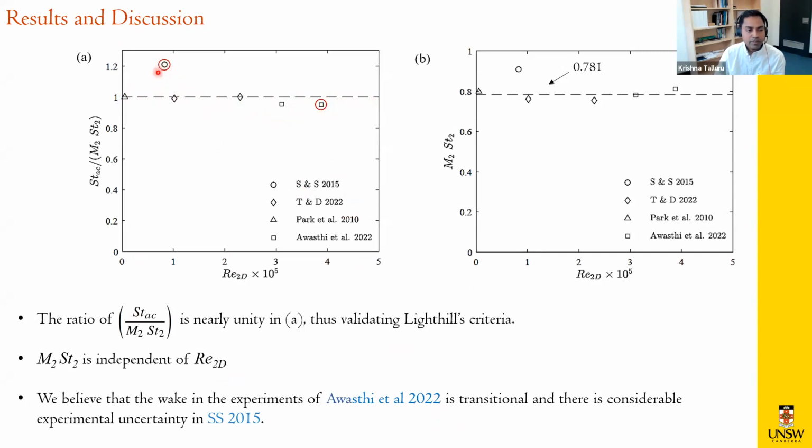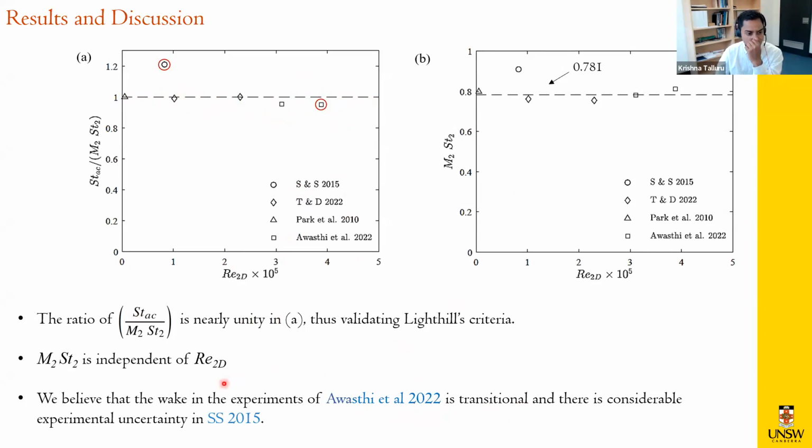We believe that there is a lot of uncertainty in the experimental data that Schmidt and Shepard reported, and we also think that for Avasti et al. the wake is more transitional, so there might be some deviations from Lighthill's criterion.